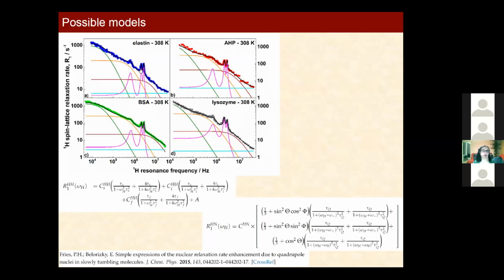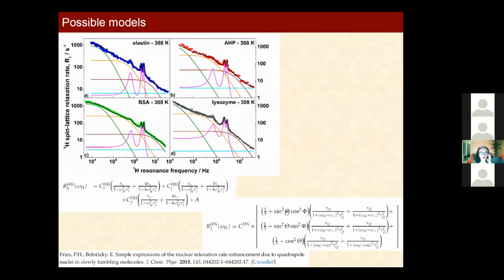And now you have the proton-nitrogen contribution. This is the purity line. And actually here we applied a model which has several limitations from one side. However, from the other side it is just perfect, because in some cases, and for sure for solid proteins, I can discuss the assumption later, it can really be used to describe the proton-nitrogen relaxation contribution and the shape of the quadrupole peaks.